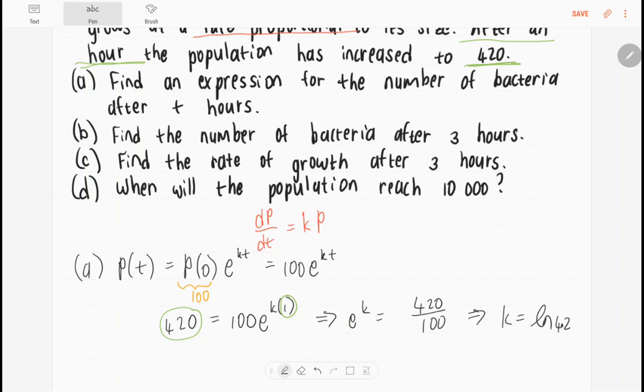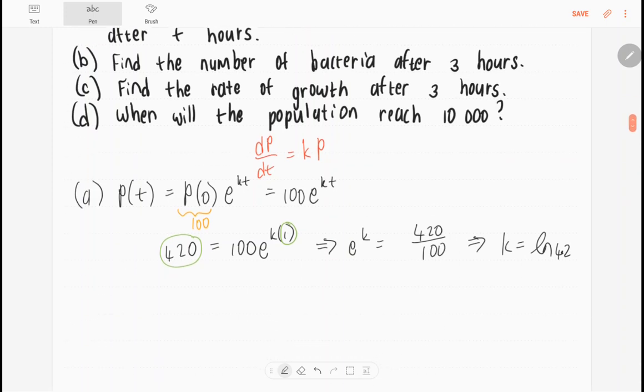Right. Now, the next question says, find the number of bacteria after 3 hours. That's very straightforward. We are simply going to substitute 3 hours into our equation. So our equation looks like this at the moment: 100 e to the ln of 4.2 multiplied by t.